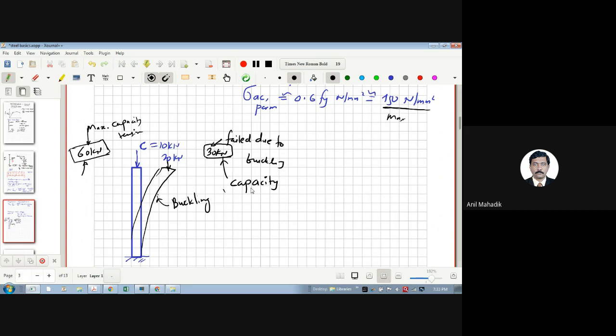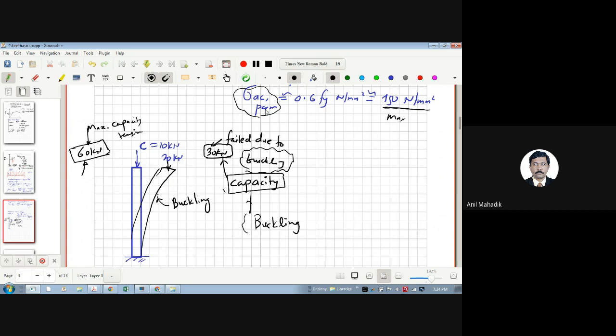But in compression, there is a tendency of buckling, and due to buckling, it buckles earlier than the maximum capacity is reached. So we can say the capacity is governed not only by this permissible stress, but by something else, which is nothing but buckling.